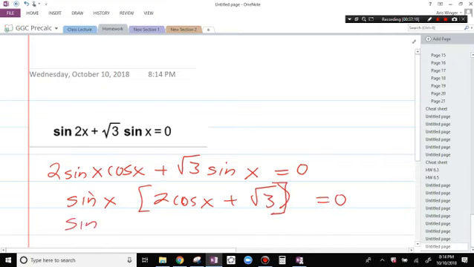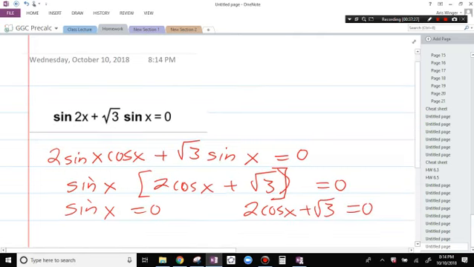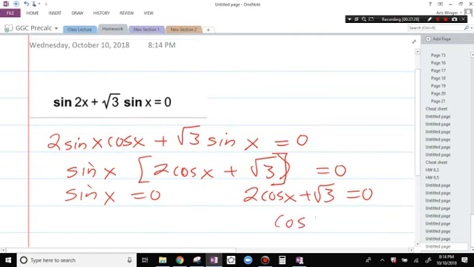So then the sine of x is 0, or 2 cosine x plus the square root of 3 is 0. Circle time: cosine x is minus the square root of 3 over 2. And then use the circle. So it's here where we get super practice with the circle, right?